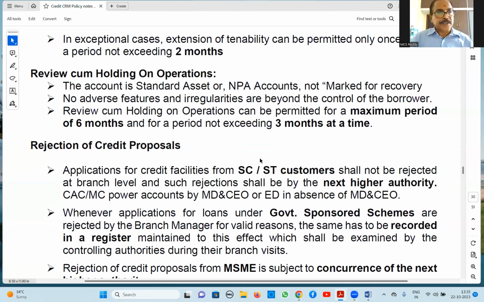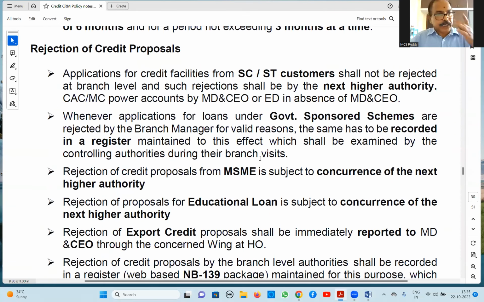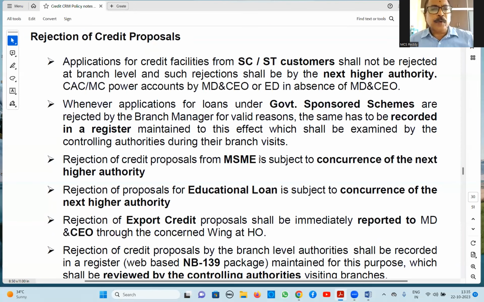Next, rejection of credit proposals. Rejection of credit proposals from SC/ST beneficiaries by next higher authority. In case of HO power accounts, CAC or MC power accounts, MD, CEO, or ED in the absence of MD or CEO. Government sponsored schemes can be rejected by branch, but rejection is to be recorded in the branch sanction rejection register.